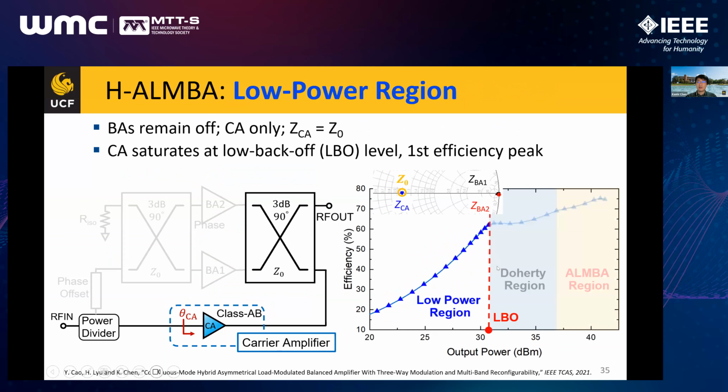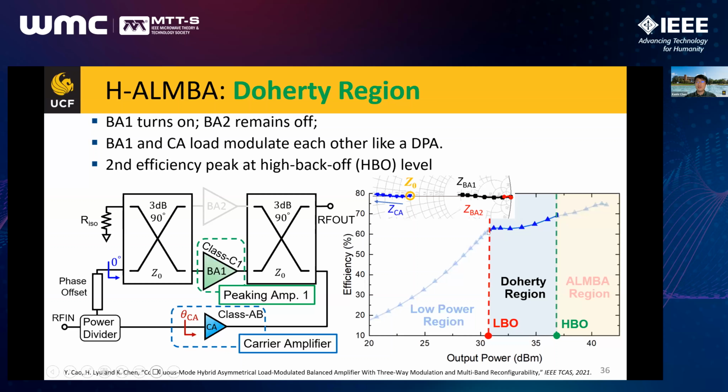And here's the detailed operation. Again, the low power region is the same as the PD-LMBA, where the carrier operates standalone and sees a constant load impedance for this control amplifier. When it reaches the low power backoff, the primary peaking device BA1 is turned on.